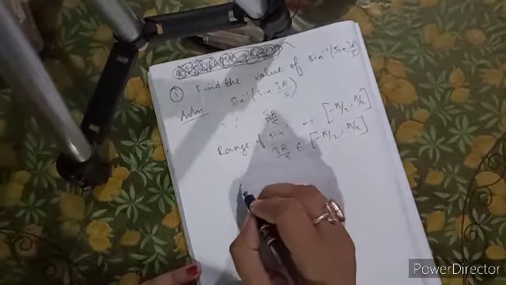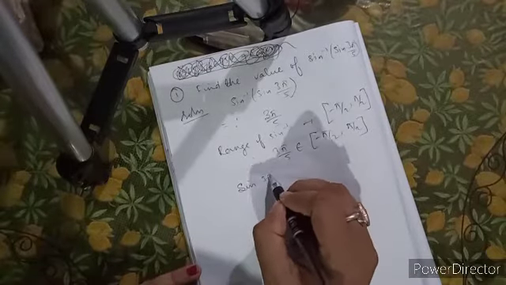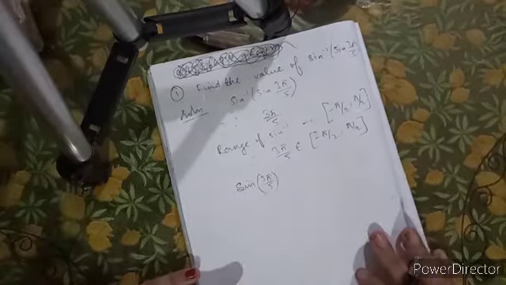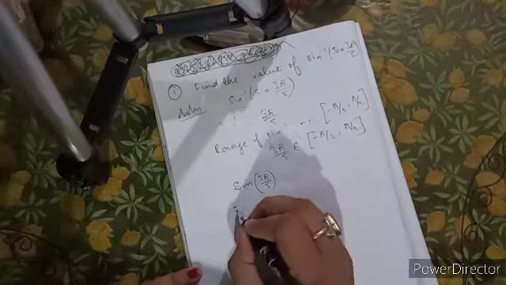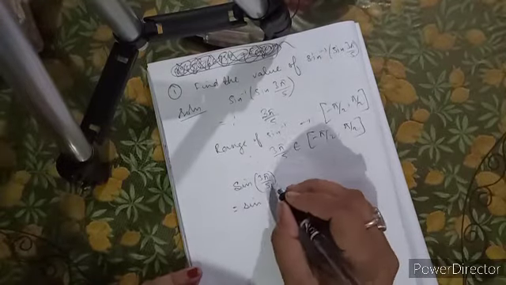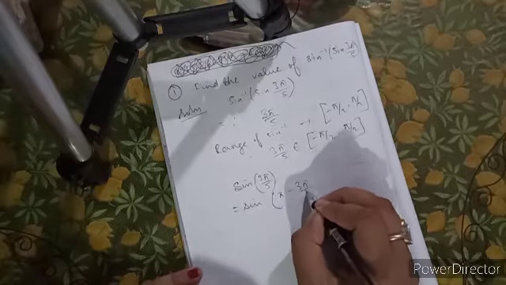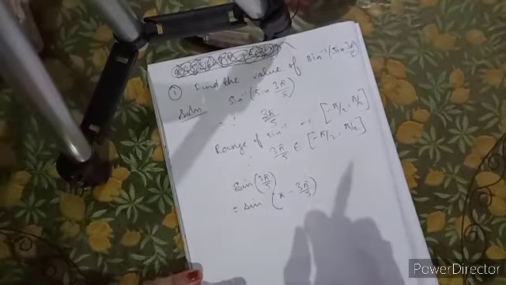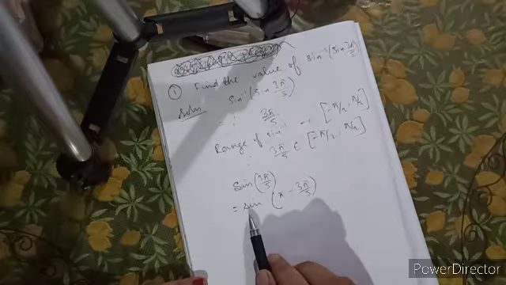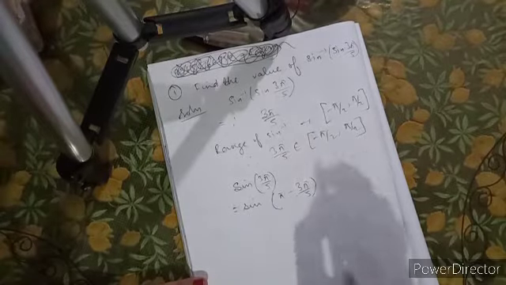We will take sine 3 pi by 5. We can subtract 3 pi by 5 from pi, since in the second quadrant sine is positive.